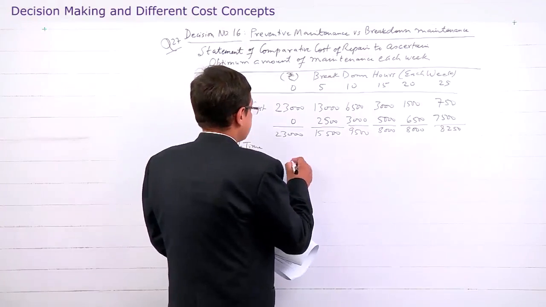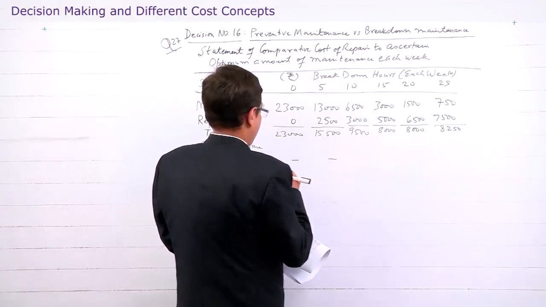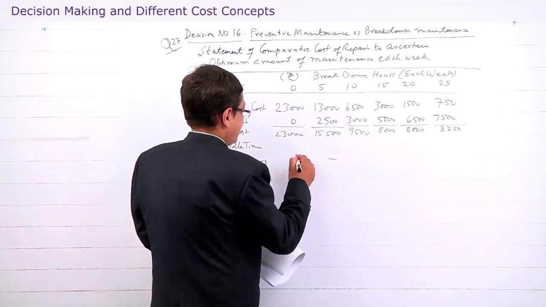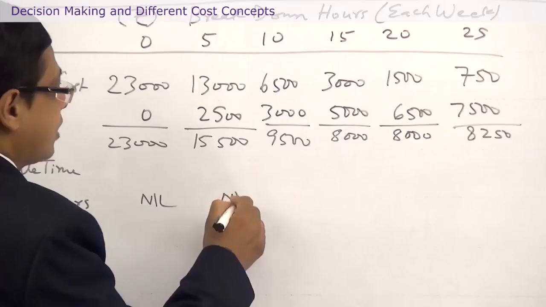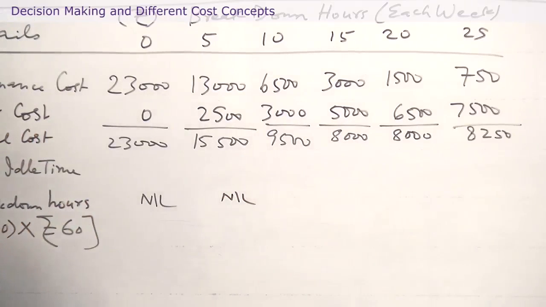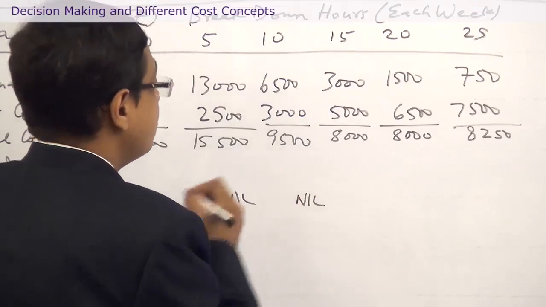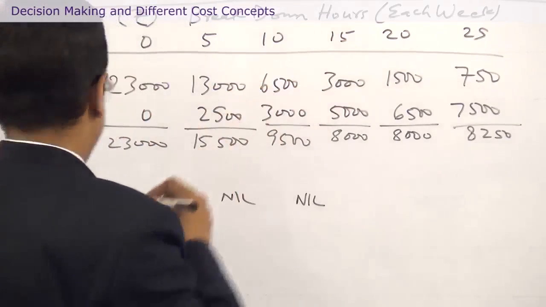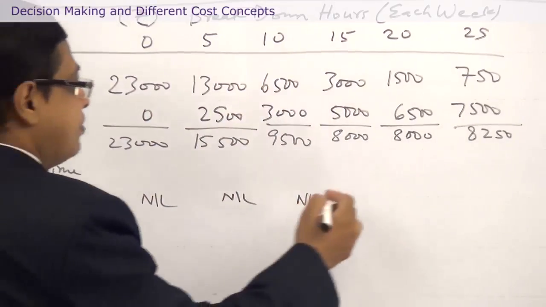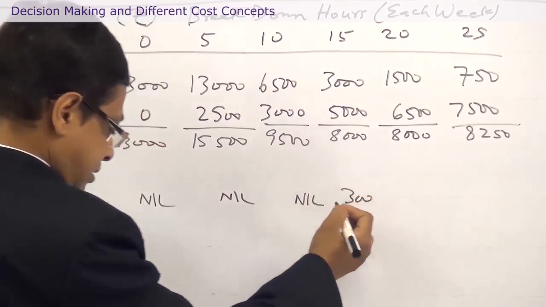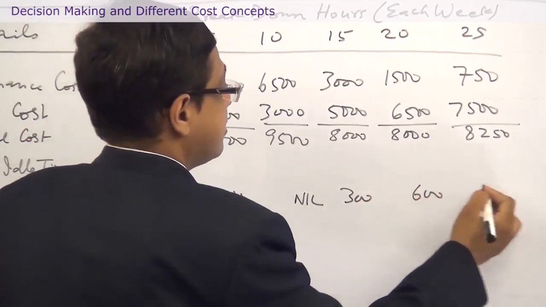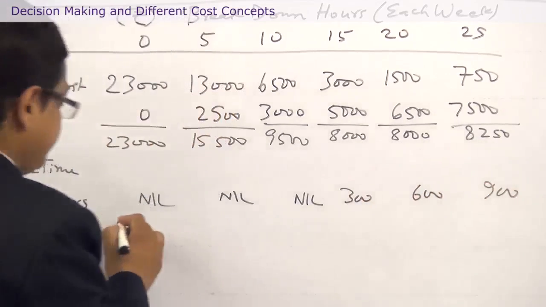So this is nil, why nil? You better write nil because it is less than 10 hours. So here it is also nil, but from here if you see 5 hours at the rate of rupees 60, 300, 600 and 900.